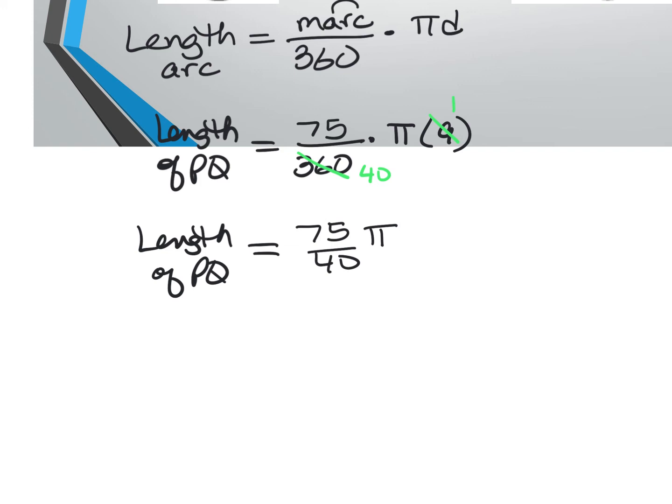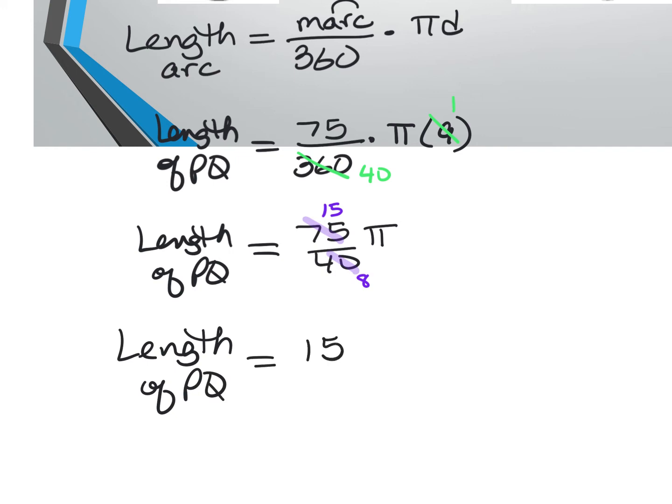So I can reduce both of these and make the 75 a 15 and the 40 an 8. So left in terms of pi, the length of PQ is equal to 15 pi over 8, and these are yards.